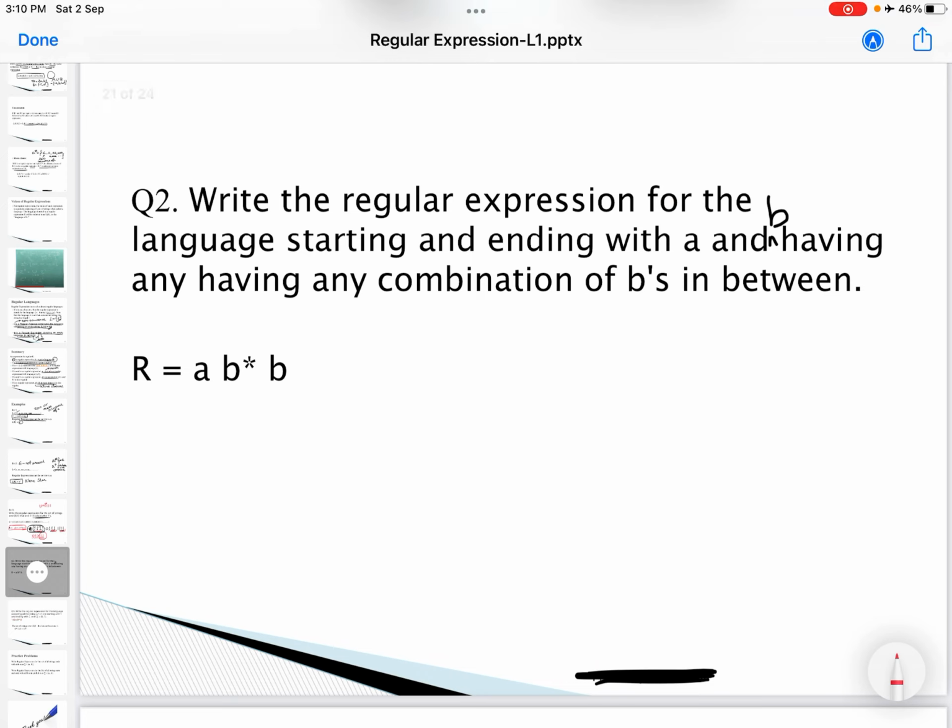Write a regular expression for a language starting with A and ending with B, having any combination of A's and B's in between.